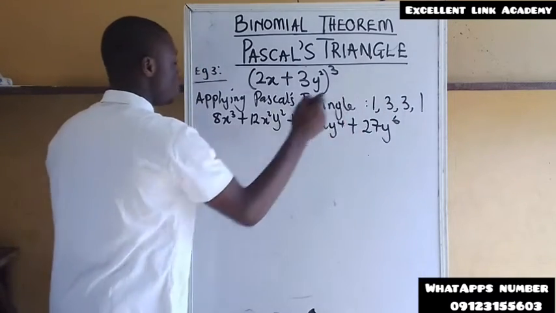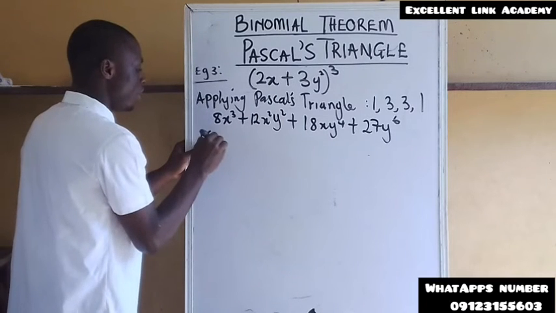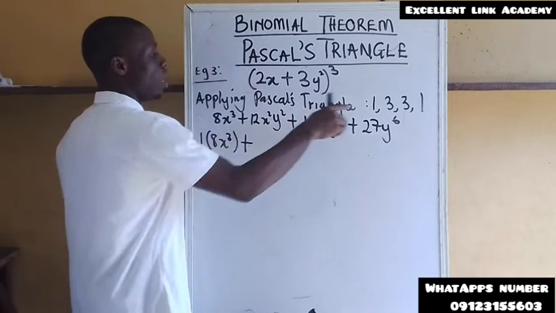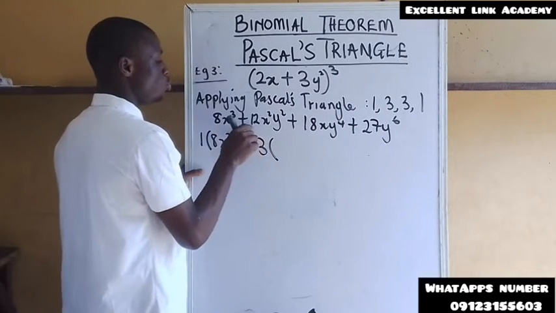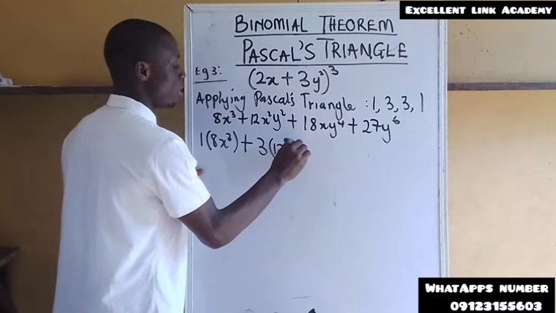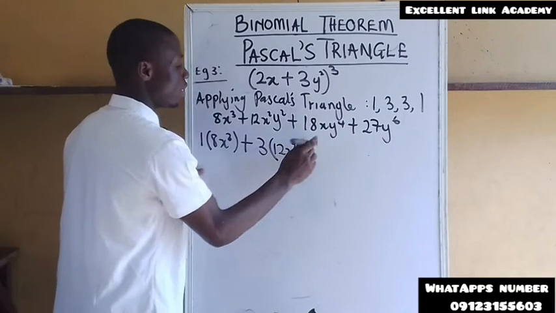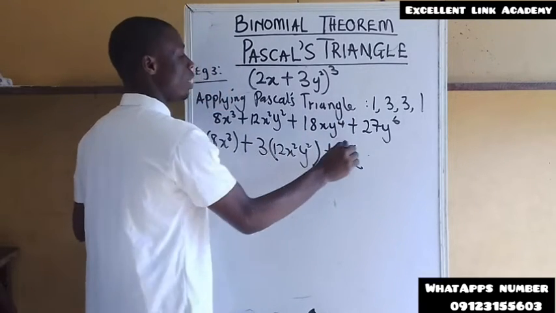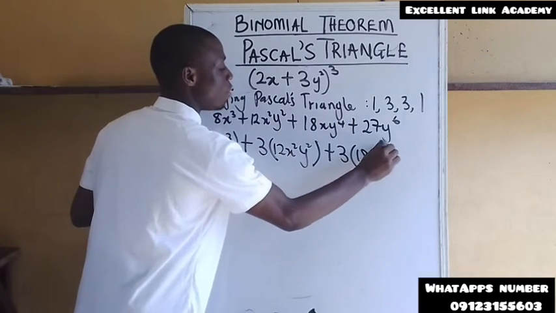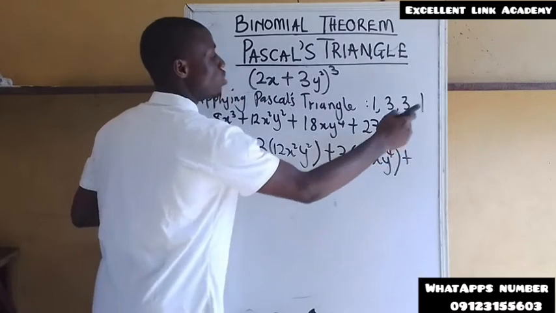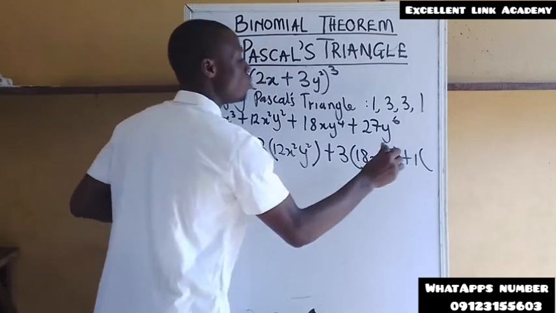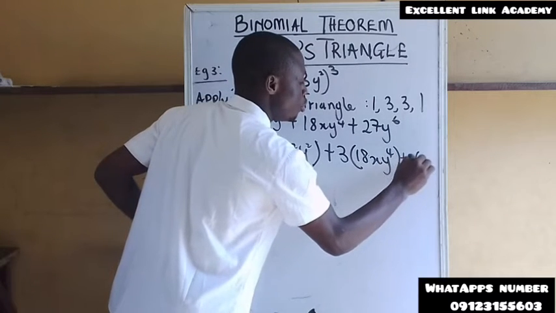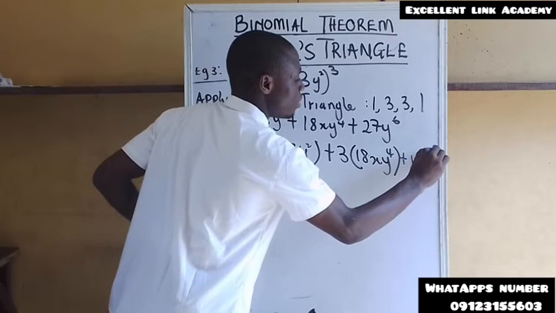That becomes 1 into 8x cubed, plus 3 into the second term, 12x squared y squared, plus 3 again into the third term, 18xy to the power 4, plus the last term is 1 into 27y to the power of 6.